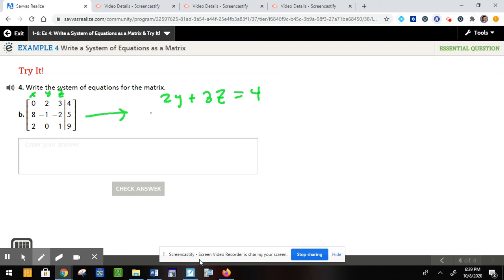Second equation is going to be 8x minus y minus 2z equals 5. Then the last equation is going to be 2x, no y, plus z equals 9. All right. Let's look at the last example here.